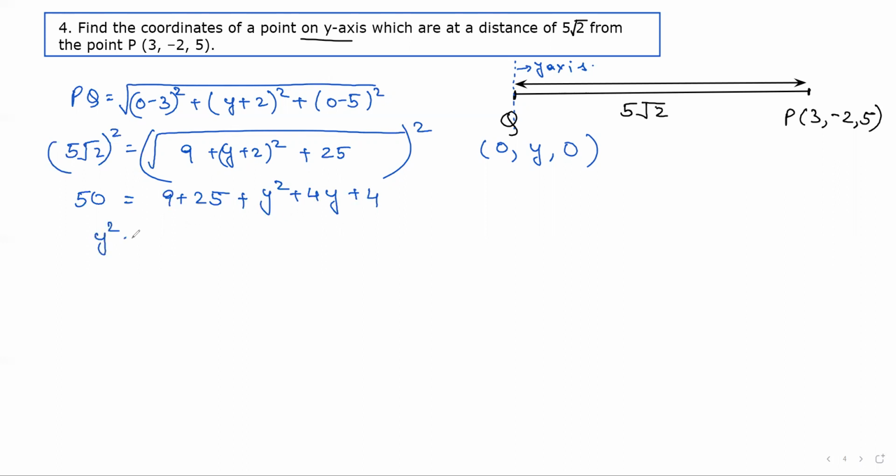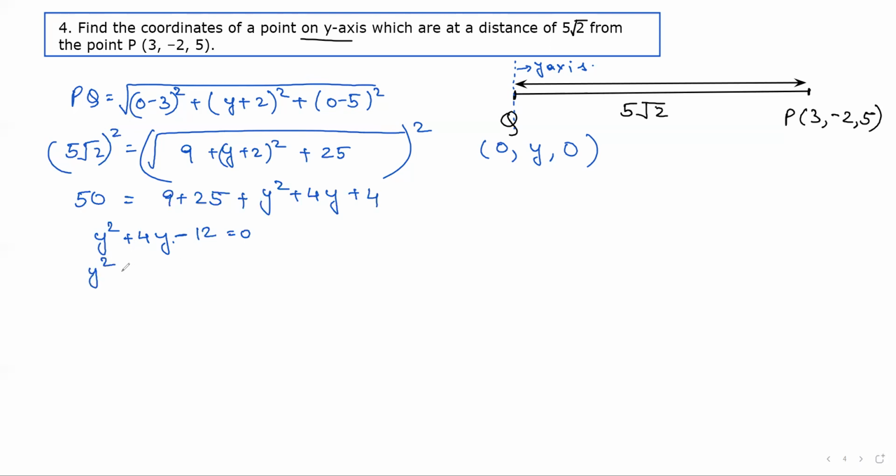So you can solve this. You have y square plus 4y, 38 on the left side, 50 minus 38, 12, on the right hand side. So y square plus 4y minus 12 is equal to 0. Now you can use the middle-term splitting method.